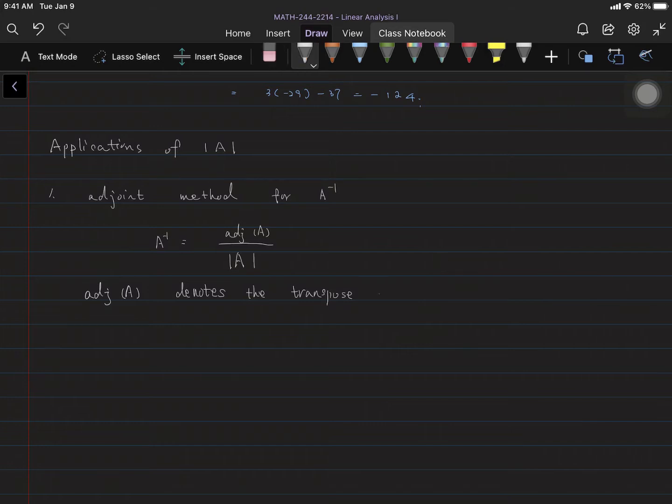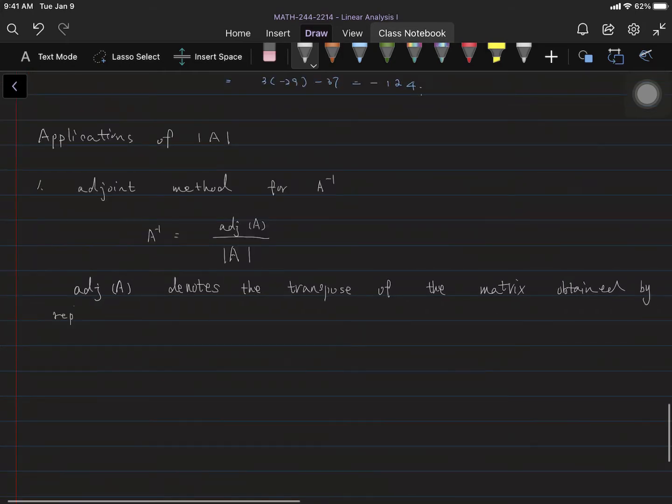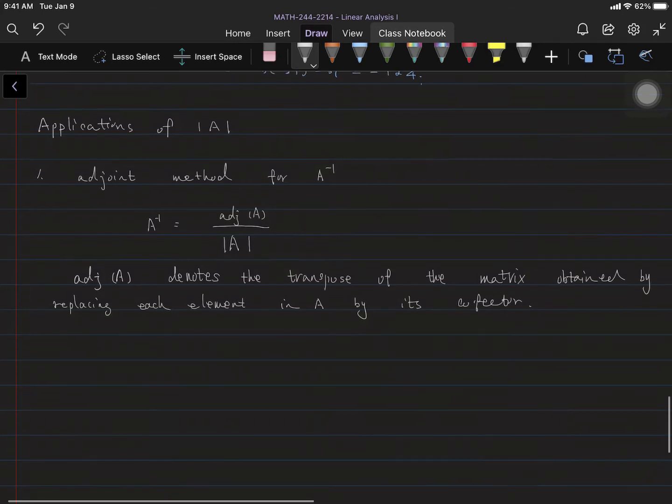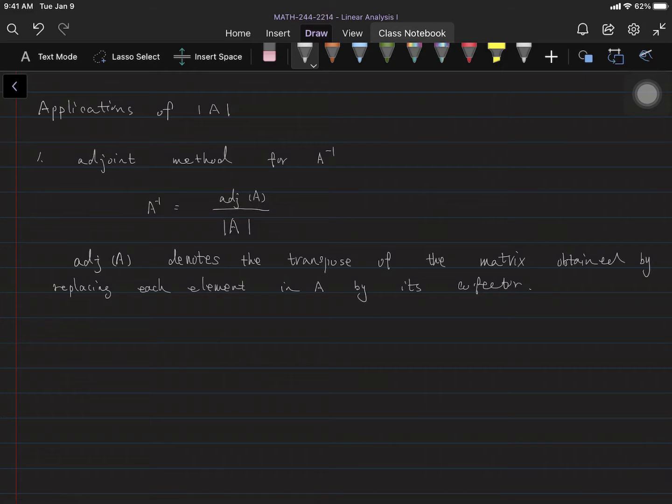The transpose of the matrix obtained by replacing each element in A by its cofactor. Okay, so here we need to review cofactor.